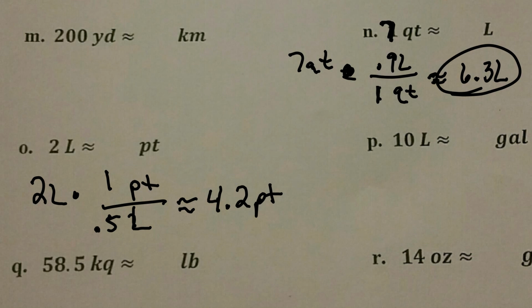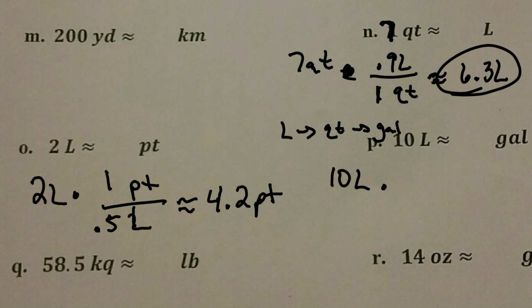Liters to gallons. I have 10 liters. I'm going to multiply. So gallons all over liters. See, I always do the labels first. Now, I look at my little chart and I know that quarts and gallons. But since there is no conversion for liters straight to gallons, I'm going to have to go from liters to quarts, then quarts to gallons.